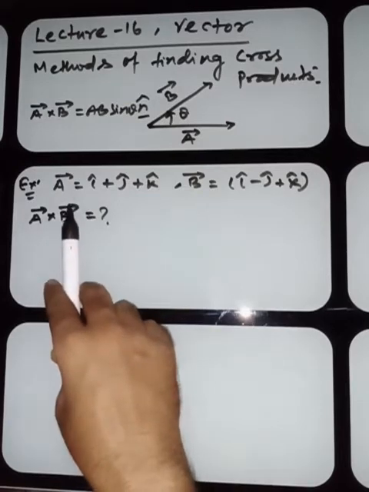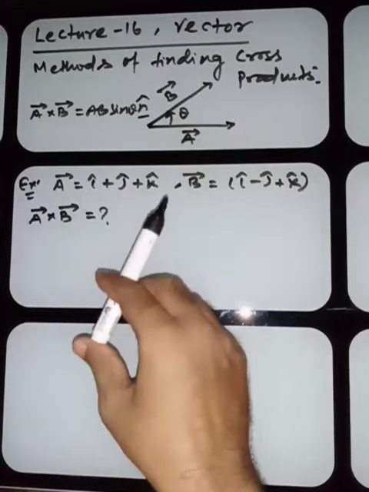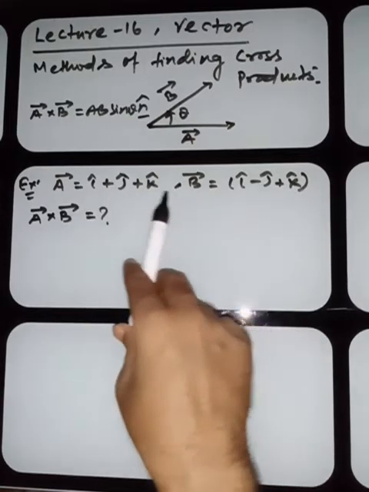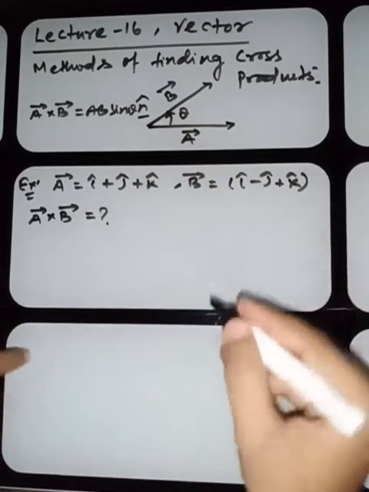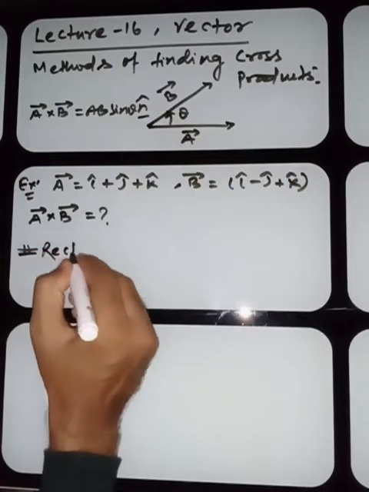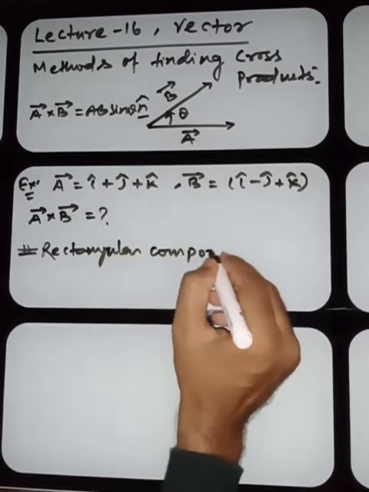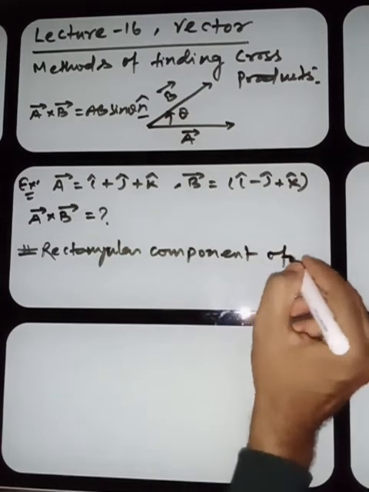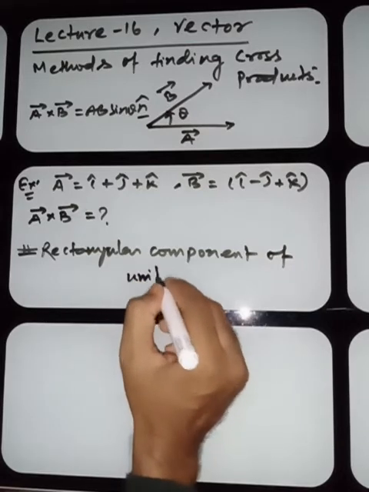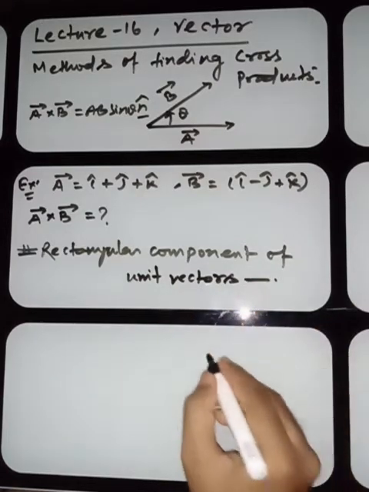Before finding the cross product of the vectors A and B, we should have the concept of the cross product of unit vectors: what is i cross i, what is i cross j, etc. So first we should know the rectangular products of unit vectors.